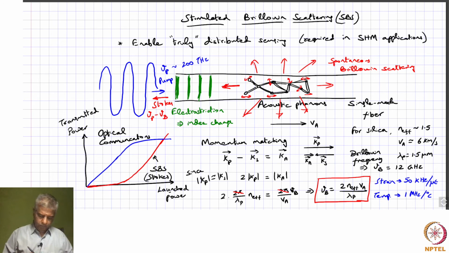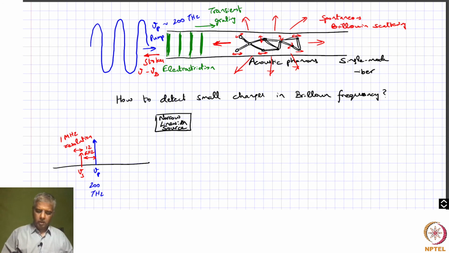But if you do not have a narrow linewidth source, if it's actually a polychromatic source, it has multiple frequencies, then each of those frequencies is going to have a standing wave pattern, and the effect of that is that this grating won't be so strong anymore.